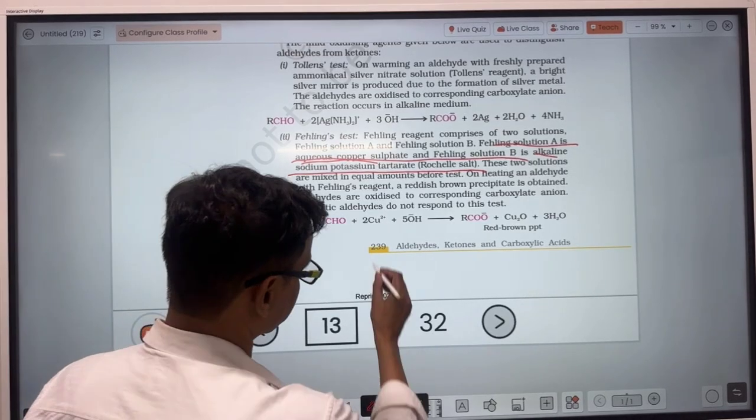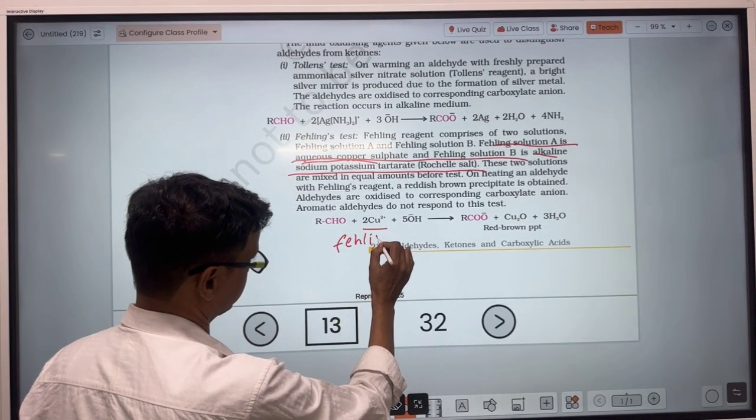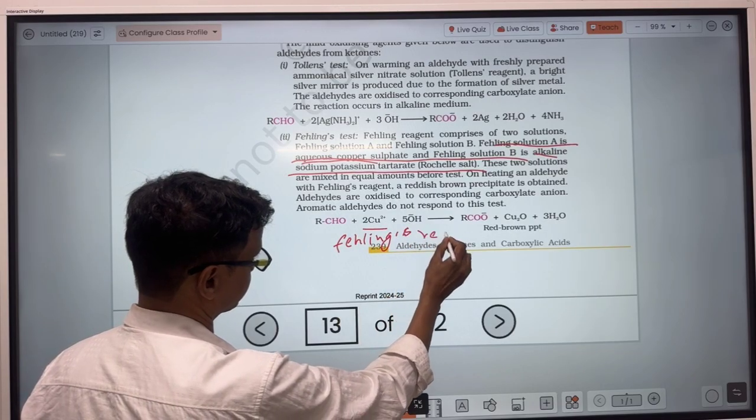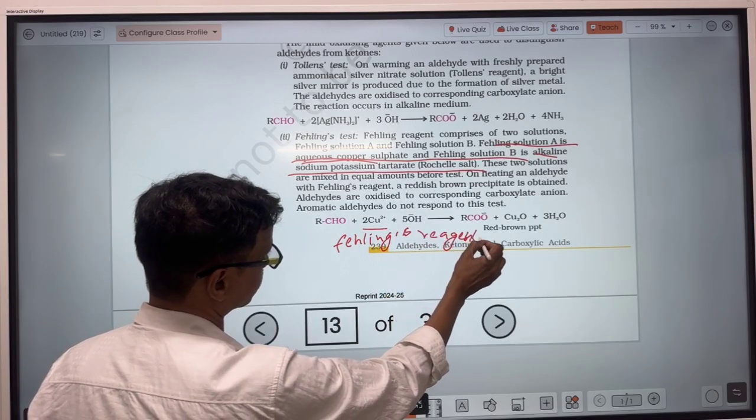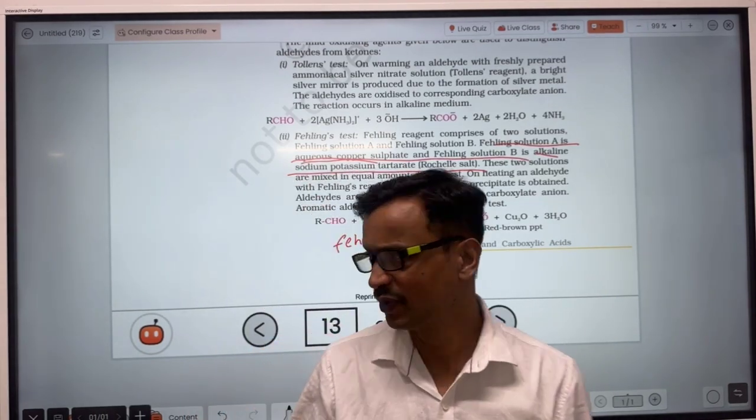Both are mixed together, and there will be formation of Cu2+, which is actually Fehling's reagent.